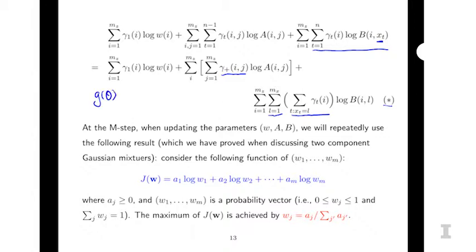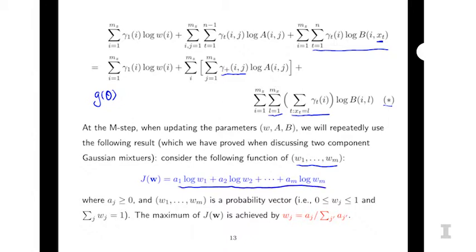What we're going to do next is find a value of theta, which actually is w, A, and B, to maximize this g function. At the M step, you'll see that we're going to repeatedly use the following result, which we have shown before. Consider the following function of w_1 until w_m, which is a_1 log w_1 plus a_2 log w_2 all the way to a_m log w_m.